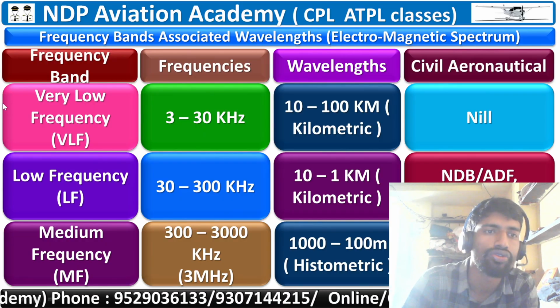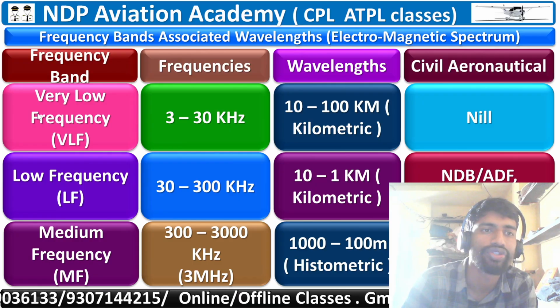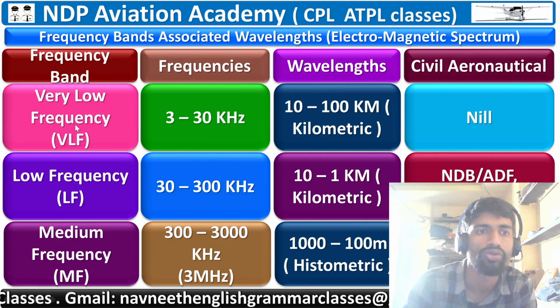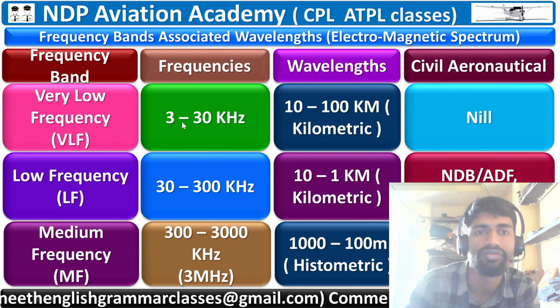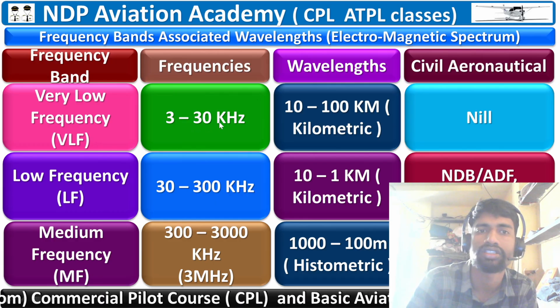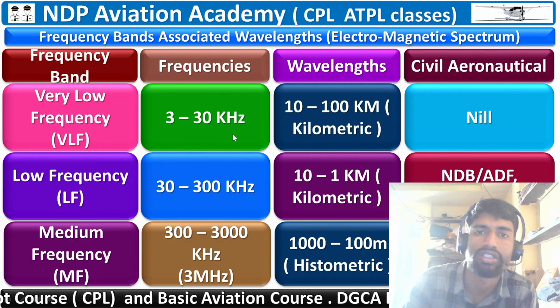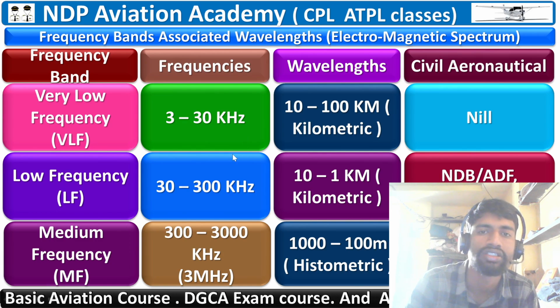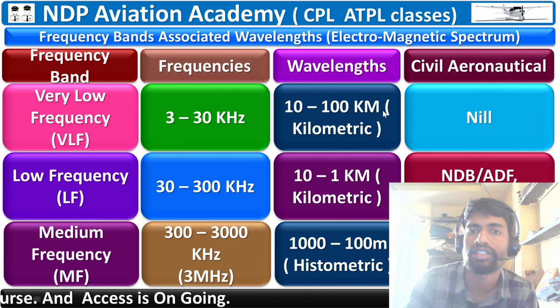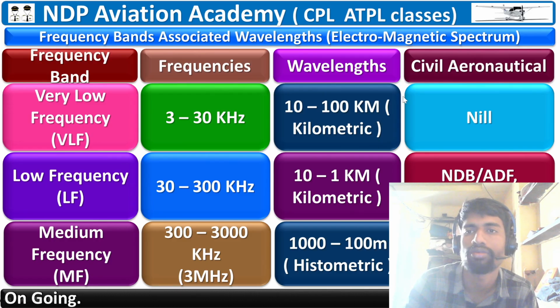So VLF is very low frequency. The frequency starts from 3 to 30 kilohertz, with a wavelength of 10 to 100 kilometers.